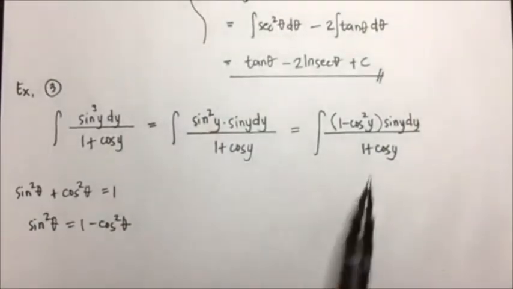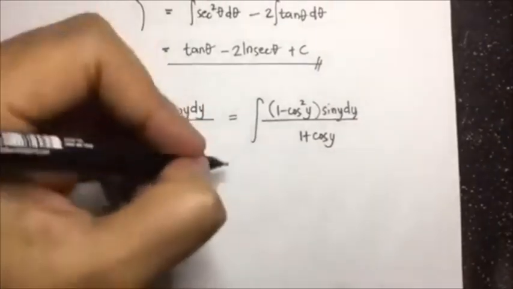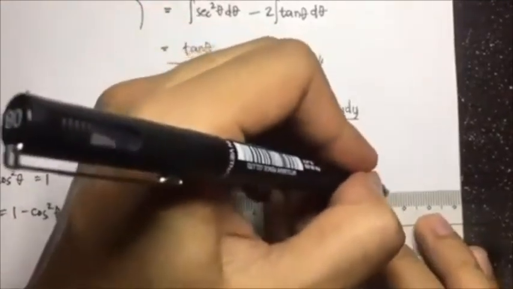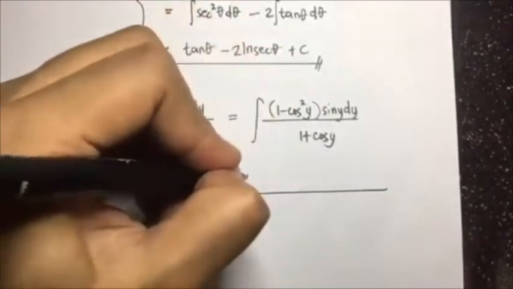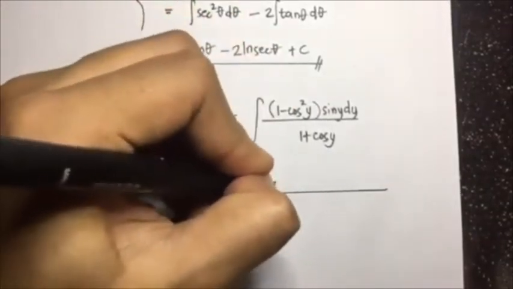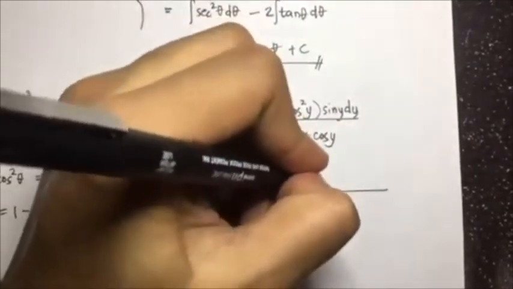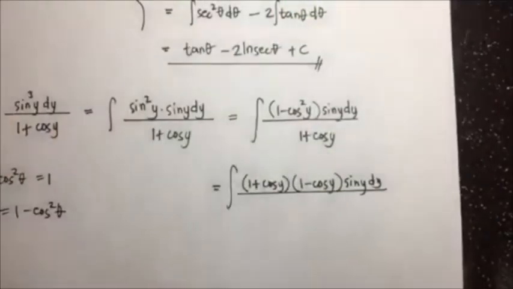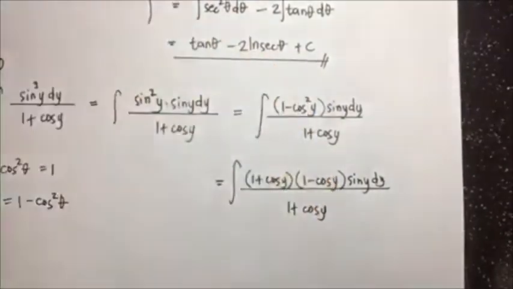But we know that 1 minus cosine squared y is a difference of two squares, so we can factor that out. We will have the integral of (1 plus cosine y) times (1 minus cosine y) times sine y dy over 1 plus cosine of y.